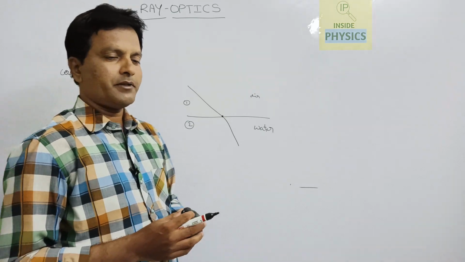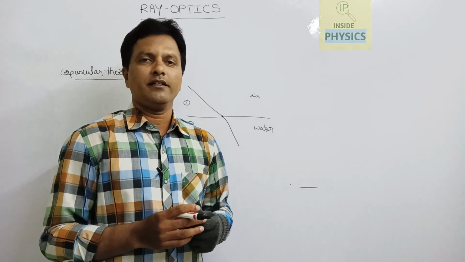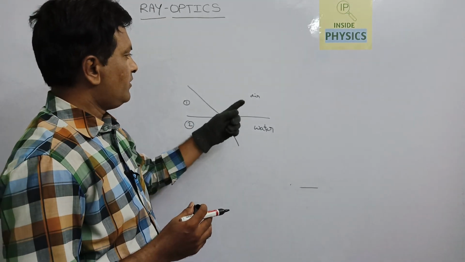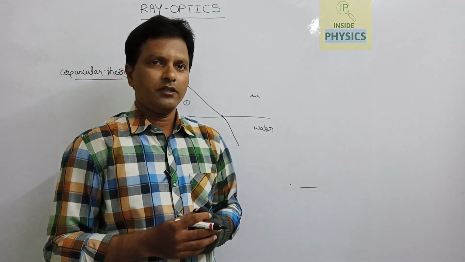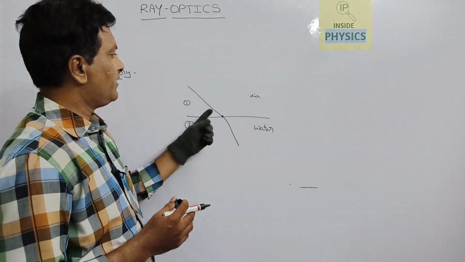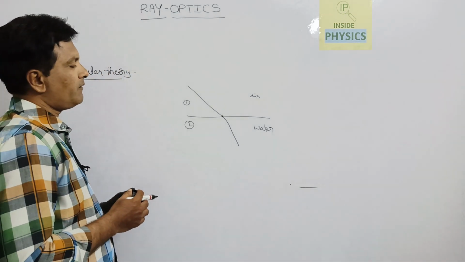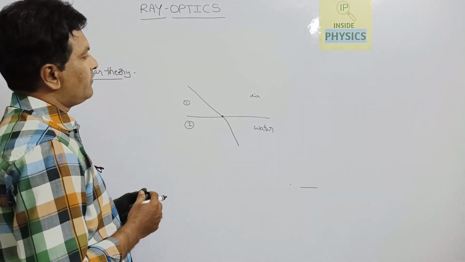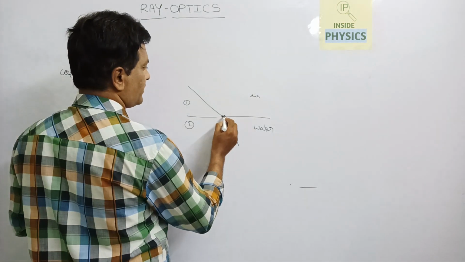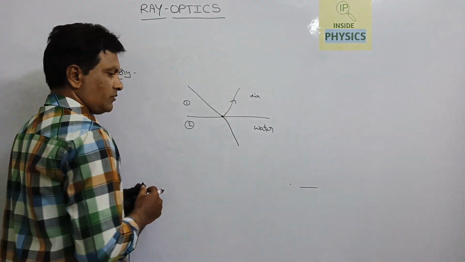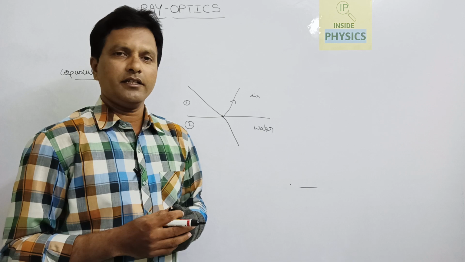But in practical observations, the speed of light is less than in air or vacuum. So the speed of light decreases whenever it moves from a rarer medium to a denser medium. Also, whenever there is refraction, there is some reflection too. The light ray will be partially reflected and partially refracted.